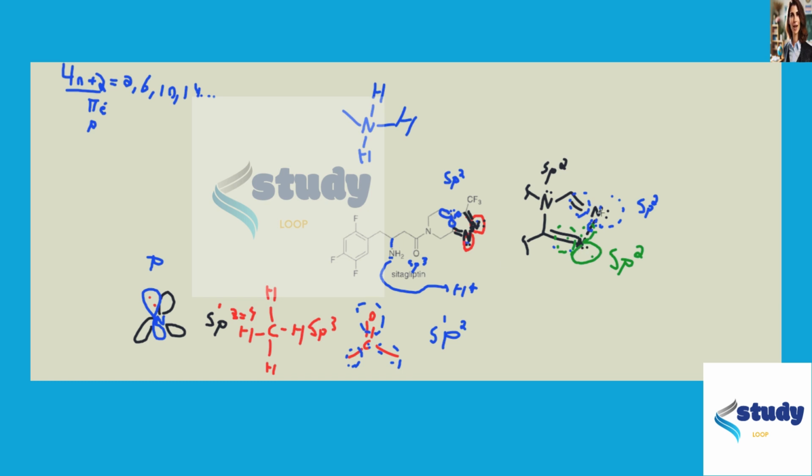Well, why are these two nitrogens sp2 with their lone pairs existing in an sp2 hybridized orbital, while this nitrogen here is sp2, but its lone pair is existing in the p orbital? Well, the reason is because these two nitrogens here have double bonds attached to them. So when you have double bonds attached, your lone pair electrons cannot be in the p orbital, so by default they must be in the sp orbital.